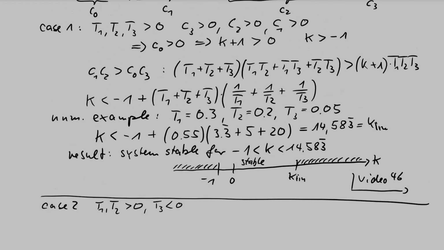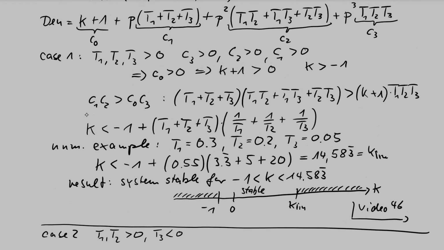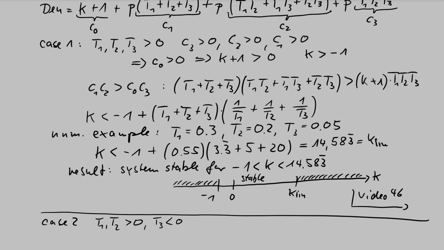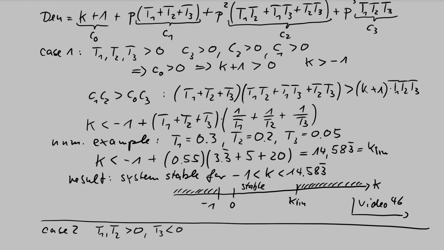Now the coefficients are independent of the sign of the t's, so the coefficients are the same. Now look for the signs of the coefficients. Look here for T3. If one time constant is negative and the other values are positive, then we see at once C3 is negative.